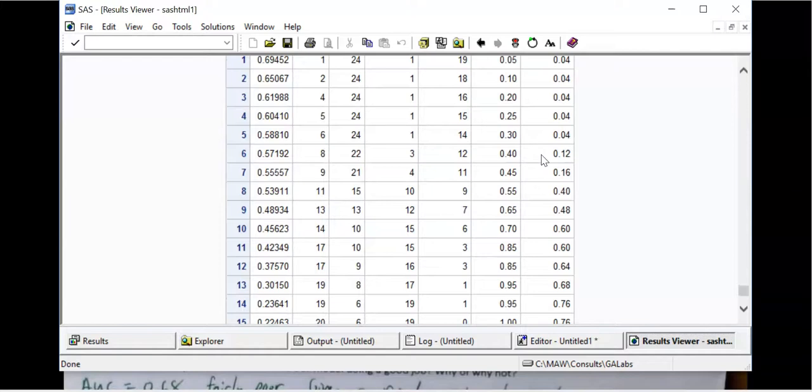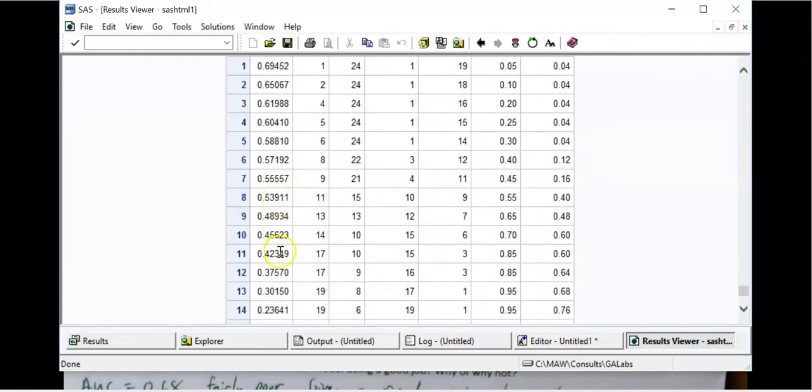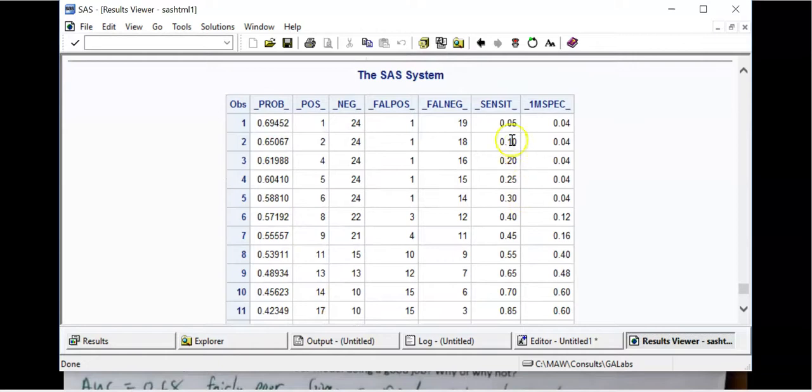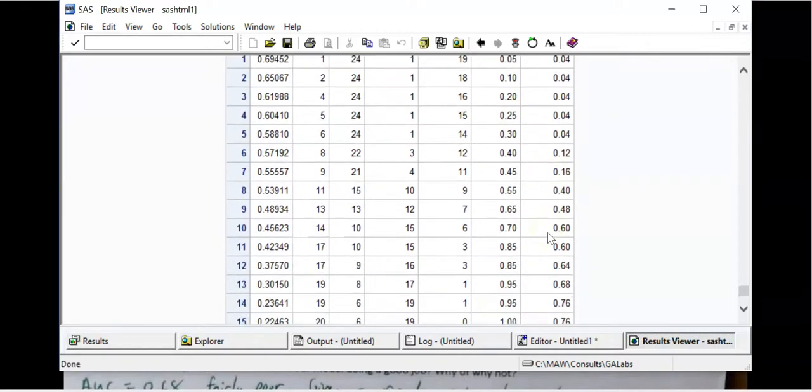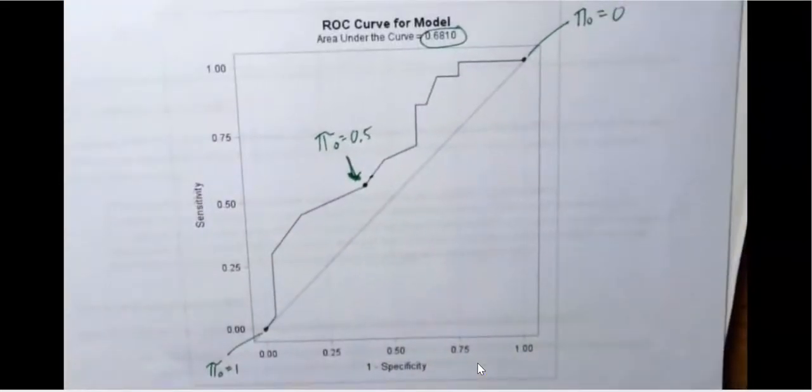And so you can see that these are your pi zeros over here, or these take the place of the pi zeros, and this is the plot of the curve that you see in the notes. That's where that curve comes from. It calculates the sensitivity and 1 minus specificity for each predicted probability within the data set.